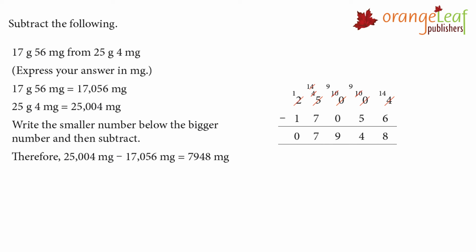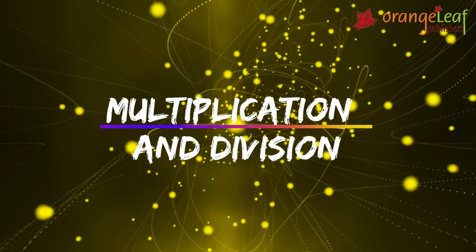So let's convert all the given values into milligrams. 17 grams and 56 milligrams is equal to 17,056 milligrams. And 25 grams 4 milligrams is equal to 25,004 milligrams. We write the smaller number below the bigger number and then subtract. On subtraction, the answer is 7,948 milligrams.